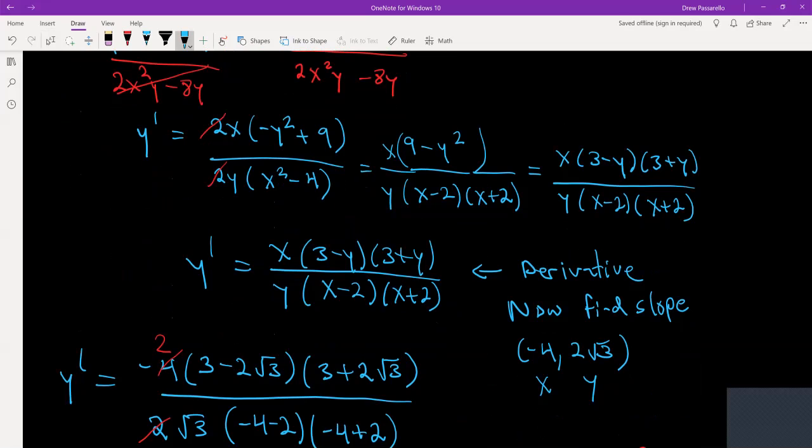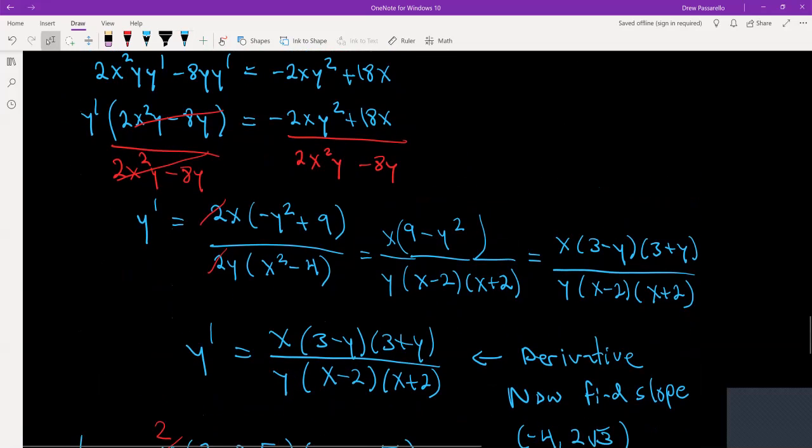And so the top part, just to check, I factor out a 2x, and that would make that -y squared plus 9. And that's the same thing as 9 minus y squared. So I just went ahead and wrote that as 3 minus y times 3 plus y. And then I obviously divided by the 2's.